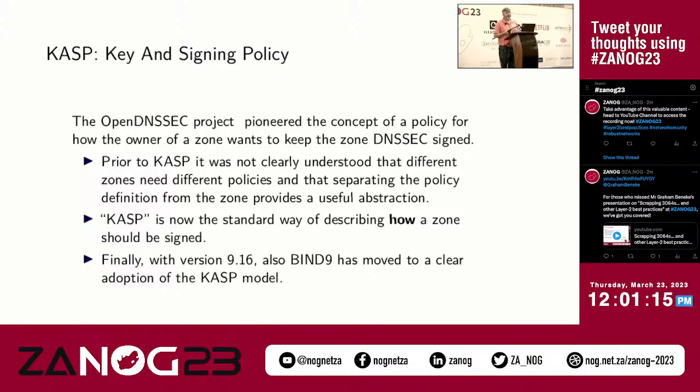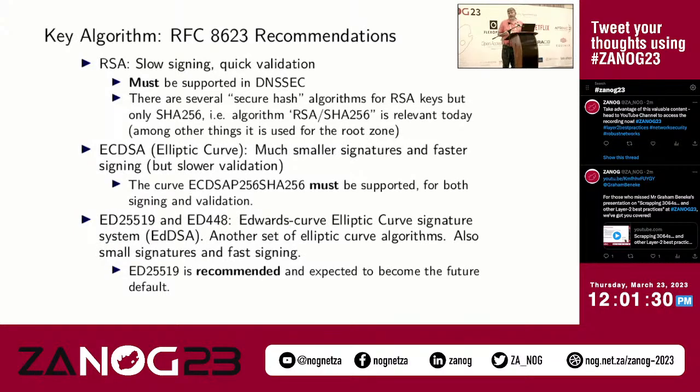You don't need to individually sign certificates and things like that anymore. So that's just the slide that talks about what CASP is. If we move on from there, and then you tell your particular zones to use the default signing policy, and it simply works, which is really, really quite cool.